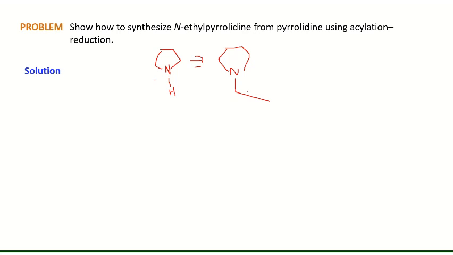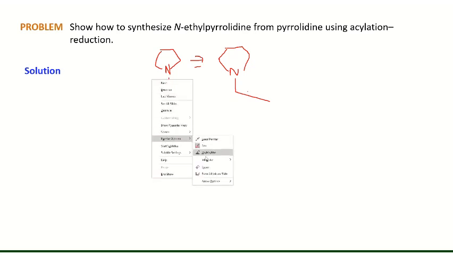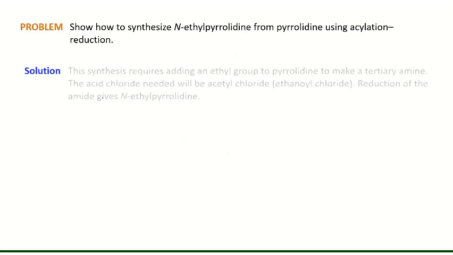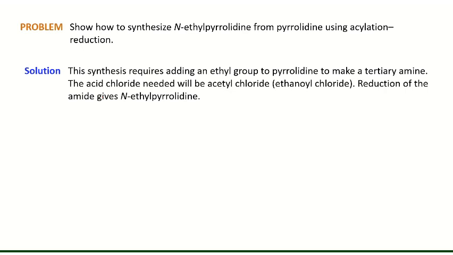Let's see exactly what is going on. I'll just go through it real quickly and then we'll explain it. You can see that we require the ethyl group to make this a tertiary amine, and it's an acylation, so we need an acid chloride. In this case, the 2-carbon acid chloride is acetyl chloride. Yeah, and then we're going to reduce it to give us the product.